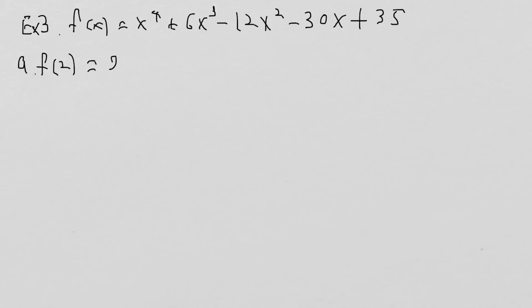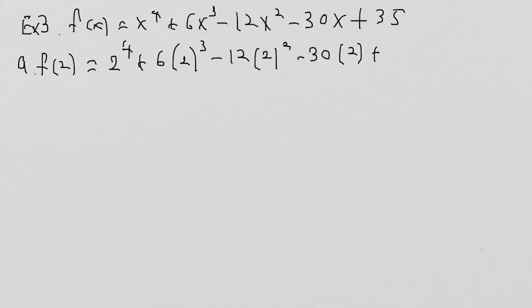You get 2 to the 4th exponent plus 6 times 2 cubed minus 12 times 2 squared minus 30 times 2 plus 35. We did this before, right?